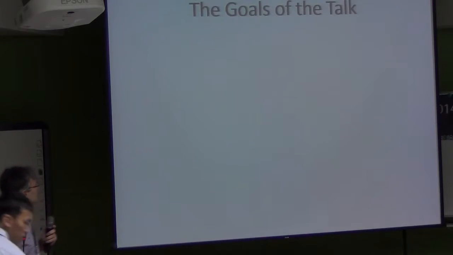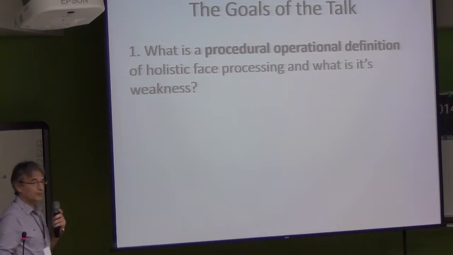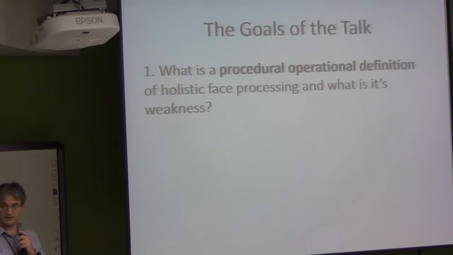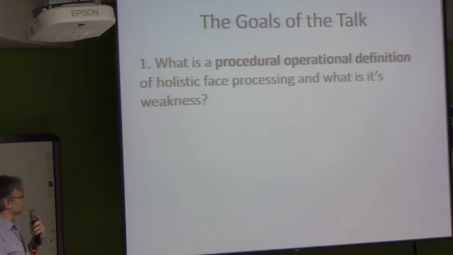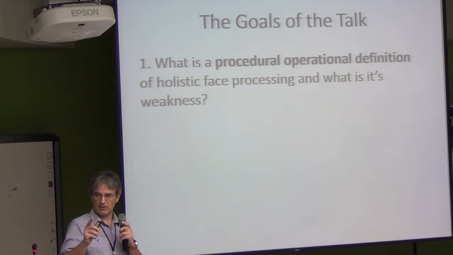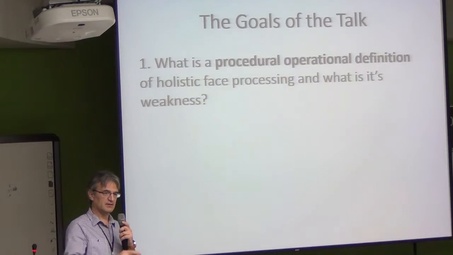Okay. So let me set up the goals for this talk. First, we will learn something about the procedural operational definition of holistic processing, and how we define holistic processes. Also have in mind that when I say holistic processing, it is pretty much the same as configural processing here, so I will not make a big difference between them.